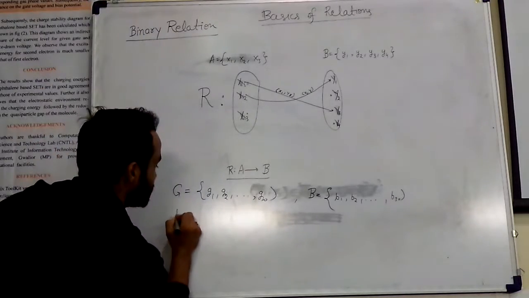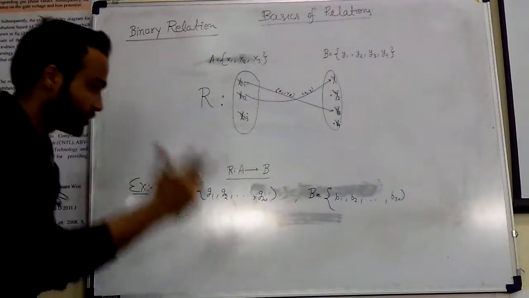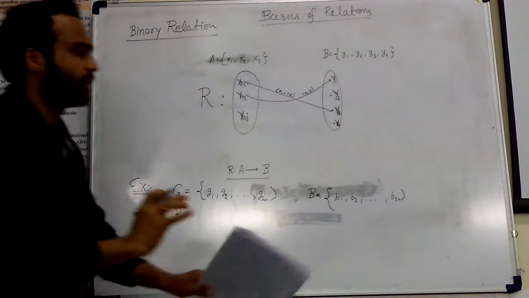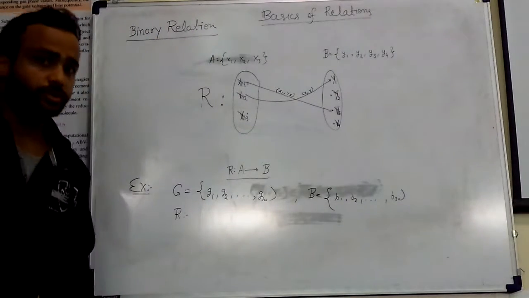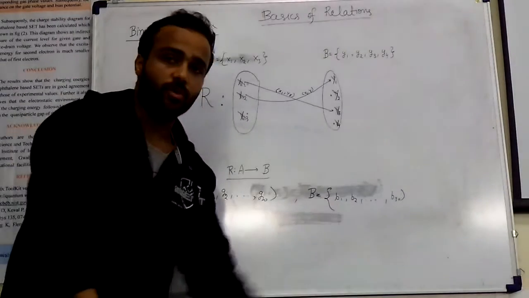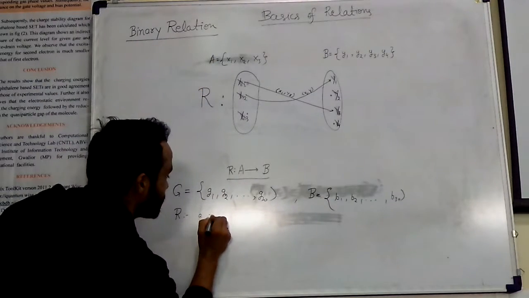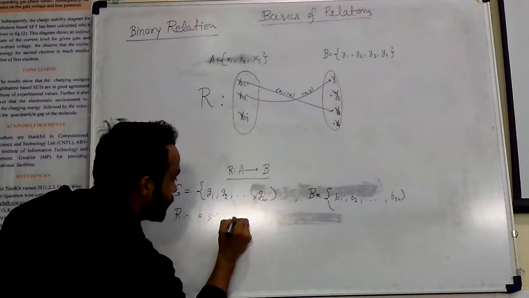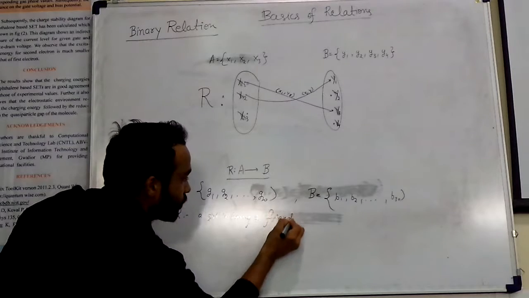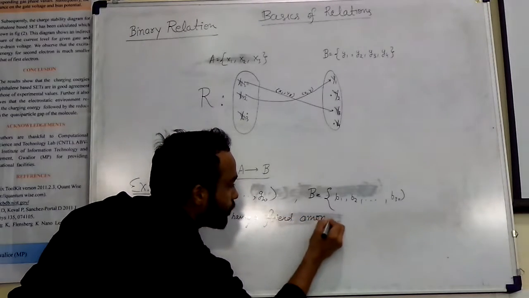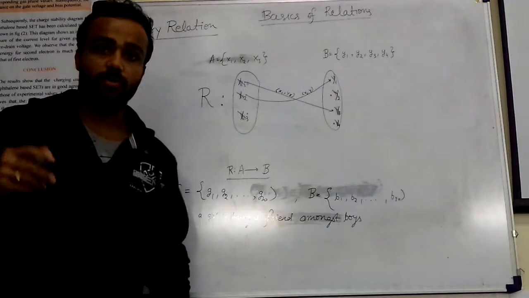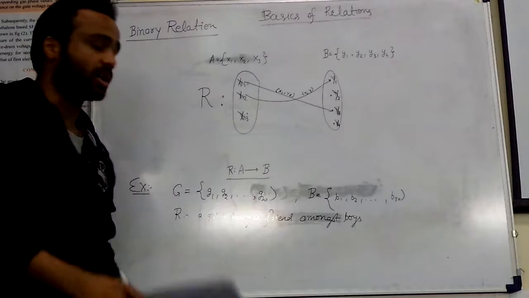I will define the relation: a girl from set G and a boy from set B are associated if the girl is having a friend amongst boys, then there is a relation R.